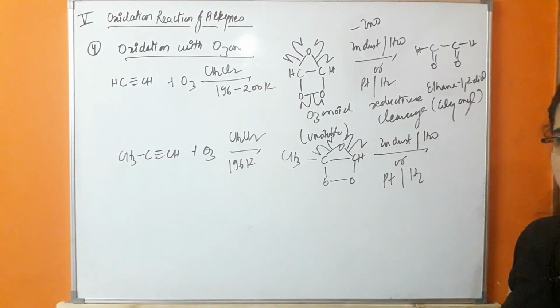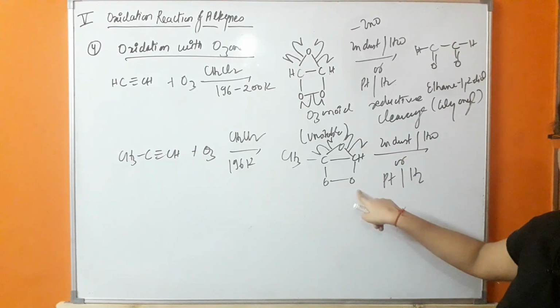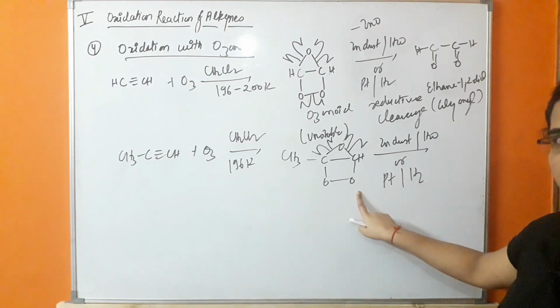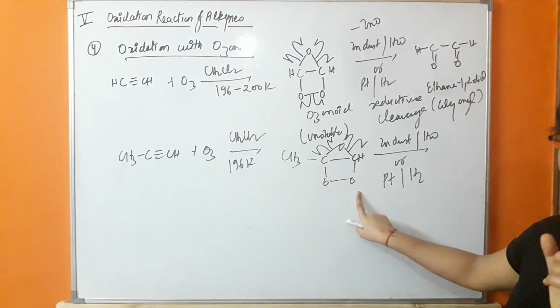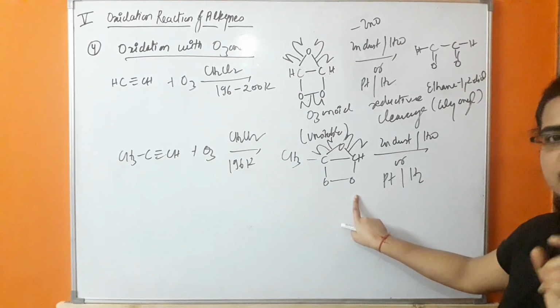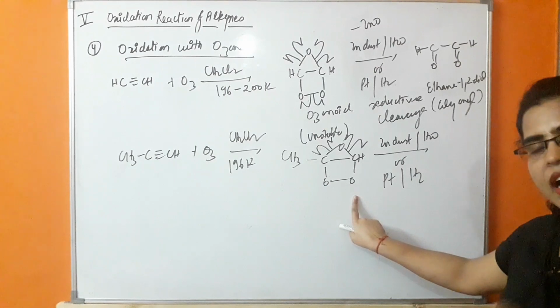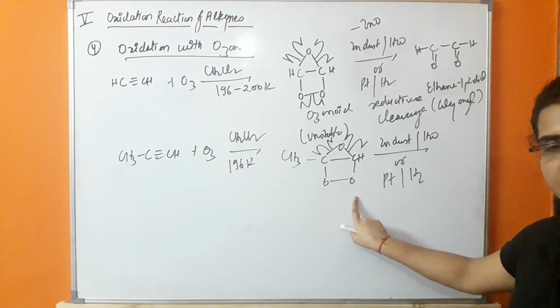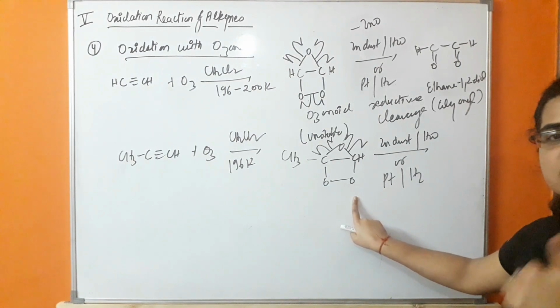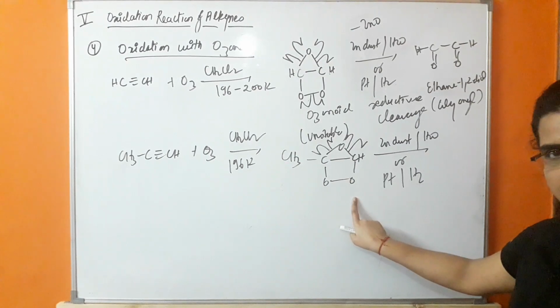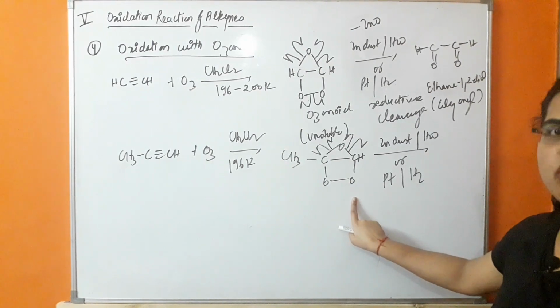Similarly, this oxygen single bond oxygen will also undergo homolytic fission, because we know that oxygen single bond oxygen is unstable, whereas when oxygen forms a double bond with some atom or with itself, then that bond will be stable. Oxygen single bond oxygen is unstable, which is the reason for homolytic fission.